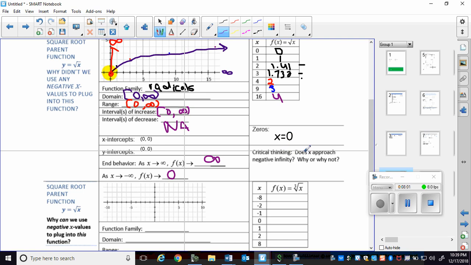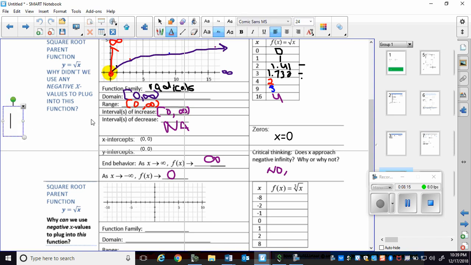Now, does x approach negative infinity? No, it does not. You cannot. The reason being, I want you to note it on the left-hand side. I'm going to note it as well.